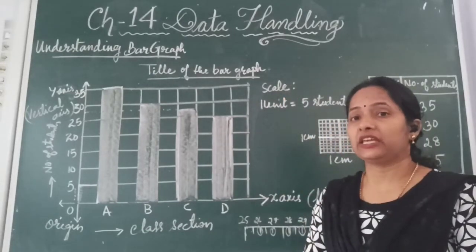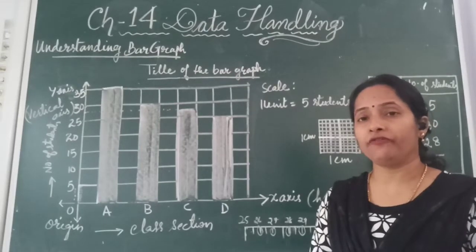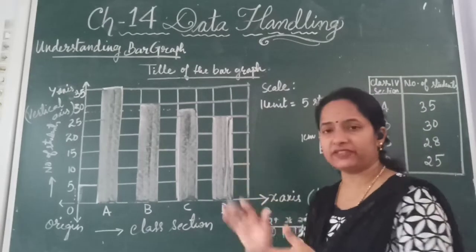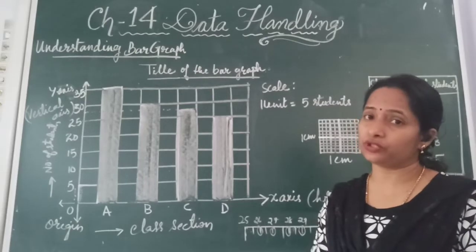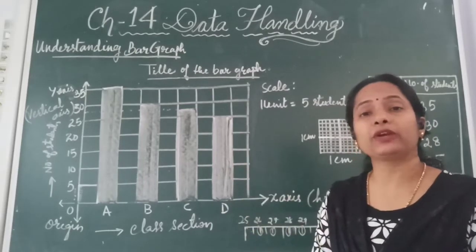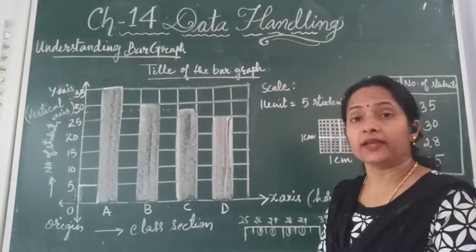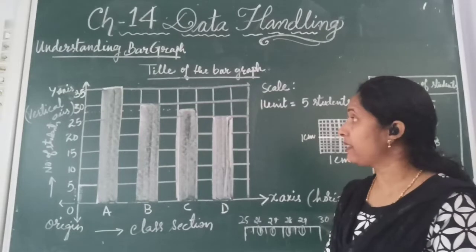Apart from this, if you are asked what is the total number of students in all the classes, a bar graph is given to you and you will be asked various questions based on this graph, which is called the interpretation of data. That can be answered by observing this bar graph.